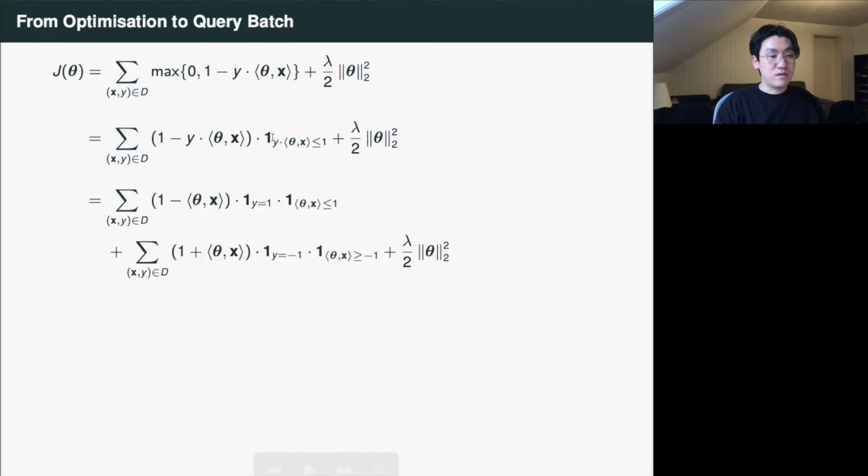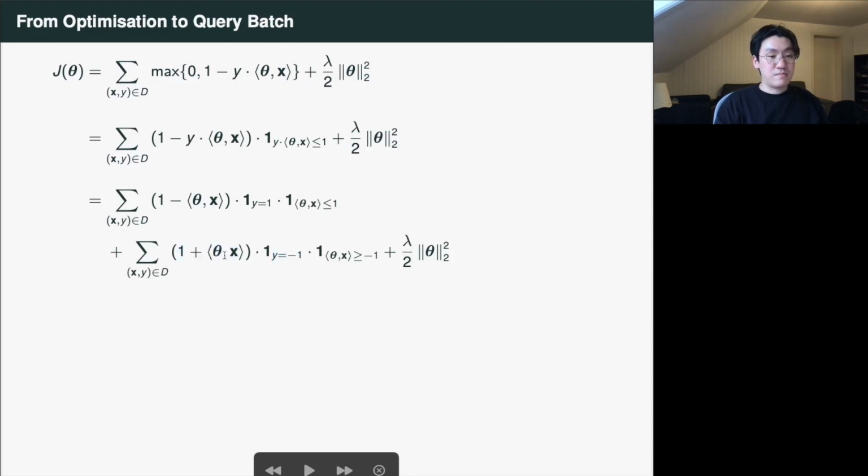Next, since we know y is either -1 or 1, we decompose this term to 2 cases. In the case y is equal to 1, we replace the y by 1, so we have this term. And symmetrically, for the case y is -1, we replace the y by -1 to get this term.